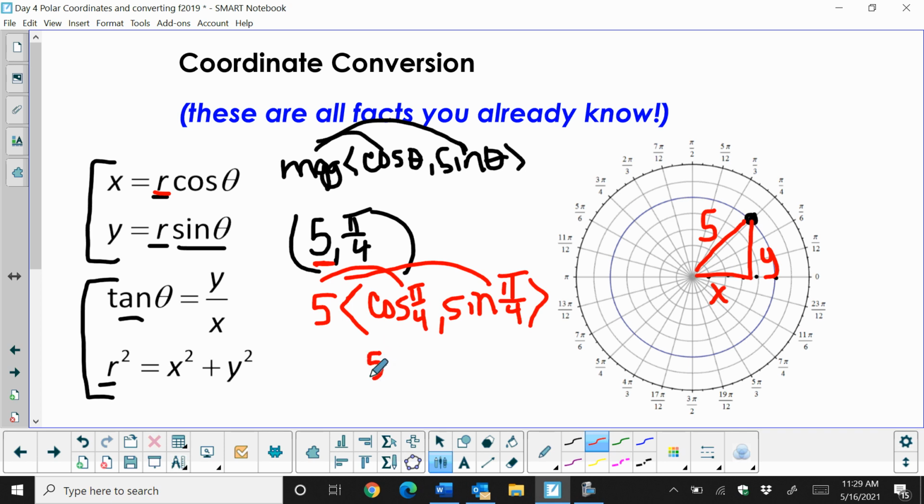So that's just going to be 5 times root 2 over 2, and then 5 times root 2 over 2, and that is the rectangular coordinate, which is your x and your y direction, which we did with vectors. So that's how you're going to end up converting.